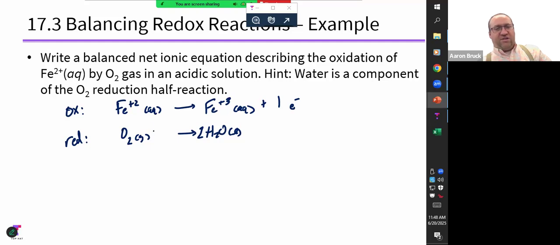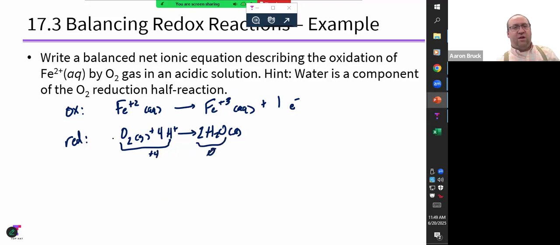I need 4 hydrogens, so I'm going to add 4 hydrogen ions. And the reaction here, let's see, I've got a +4 charge over here and no charge over here. So I need to add 4 electrons to the oxygen to cancel out that charge and get them to match.